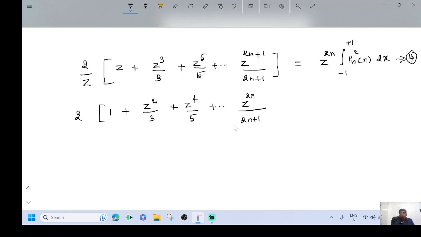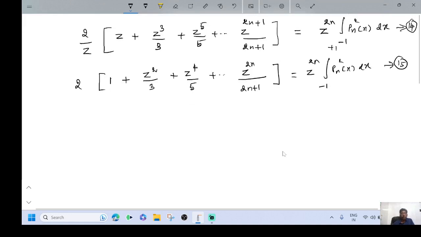Z power 2n plus 1 by z is z power 2n. This is equal to z power 2n into the integral of Pn square of x into dx, going from minus 1 to plus 1. So this is equation number 15.